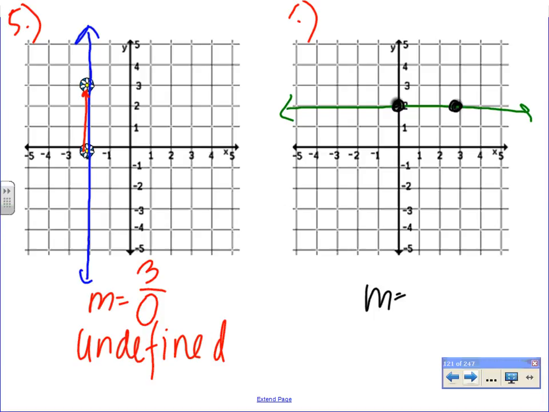You guys might have chosen a different one. Wait, for the last one, wouldn't it be 0? For that one? 3 divided by 0, you can't divide something by nothing. So your slope is straight up and down. So the slope is undefined. Anything else?